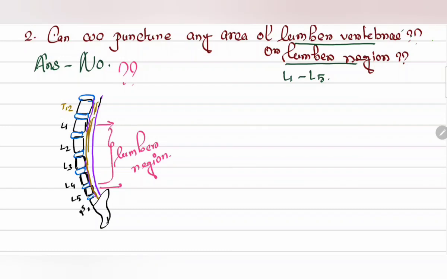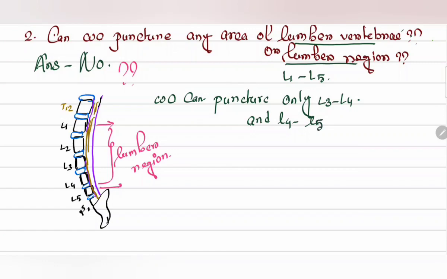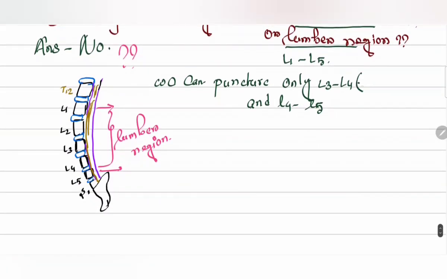In this area, we can penetrate for the lumbar puncture, but we can't penetrate any area for the lumbar puncture. Why? We can puncture only between L3, L4 and between L4 and L5. L3, L4 for adult and L4, L5 for children.